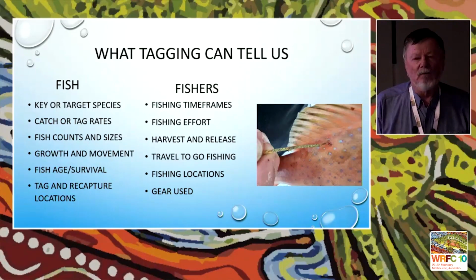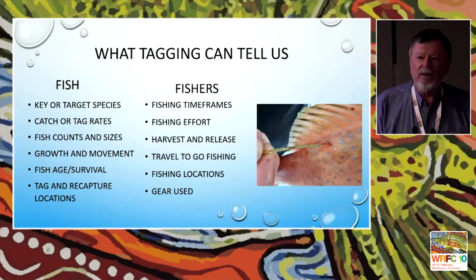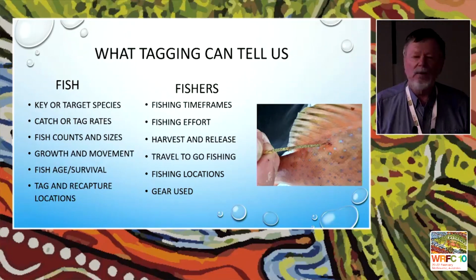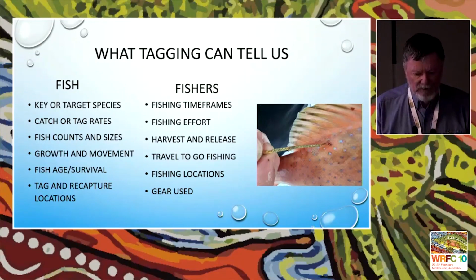If you know where a person that recaptures a fish lives and you know where they fished, you get a pretty good proxy for travel distance to go fishing. And just fishing locations, understanding where they're actually going, is important. And in our program, people volunteer information about the gear that they use, so we can actually track the gear that they use.